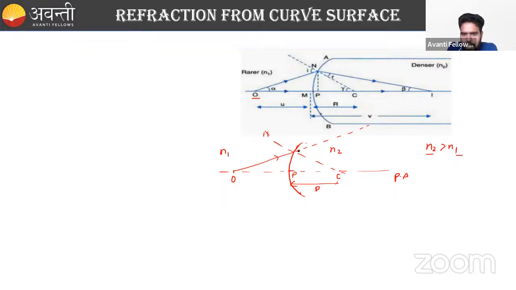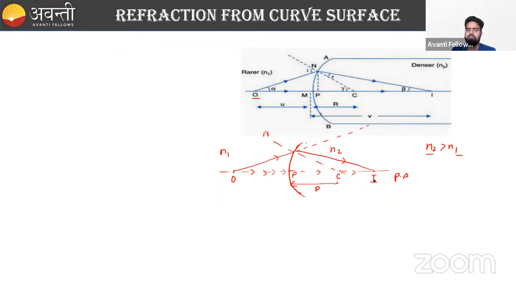So in this way light is bending, and if one ray is considered to follow along the principal axis, and this is the second ray, and we consider these two rays, at the point on the principal axis where the two rays intersect each other, we can say that this is our image.